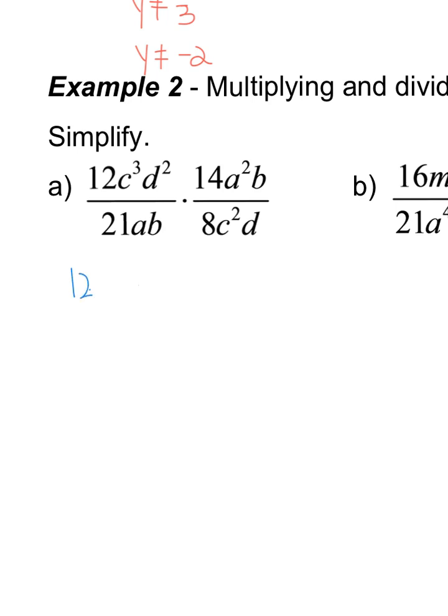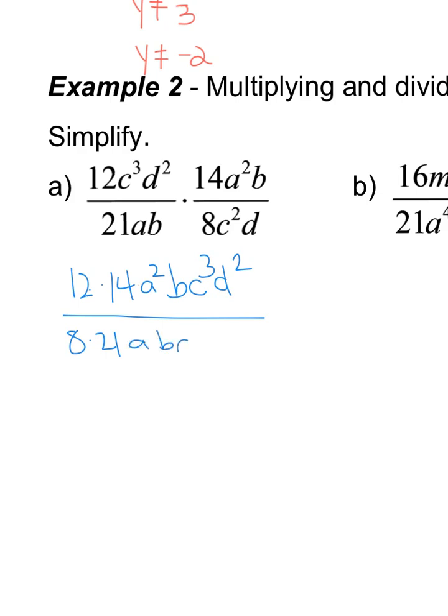So we have 12, 14, a squared b c cubed d squared. Remember, order of multiplication doesn't matter, so if I want to group the numbers and variables together in their likeness, it's going to make my life a little bit easier. Then we have 8 and 21. We have a, b, c squared, d. So sometimes this helps people just kind of see how things are going to simplify from here on out.